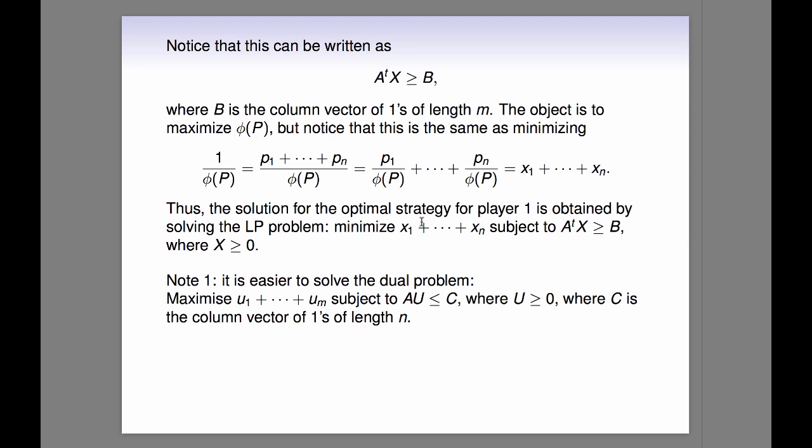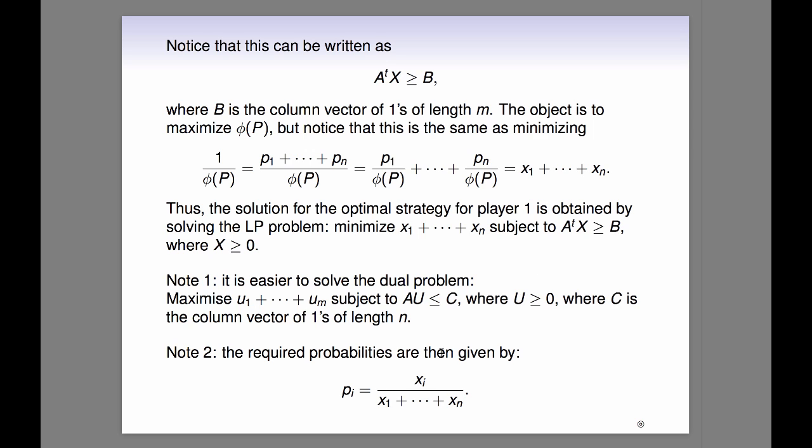And you'll notice, of course, that here the inequalities are all greater than or equal to 1. And so in order to solve this problem, if we left it like this, we'd need to introduce artificial variables. So it's definitely better to solve the dual problem. The dual problem will be maximize a certain sum subject to a particular inequality where, again, the C vector here will be a vector of 1s, because the coefficients here are all 1s.